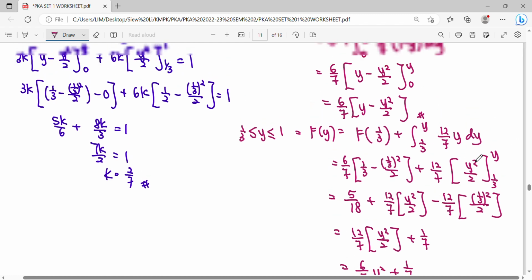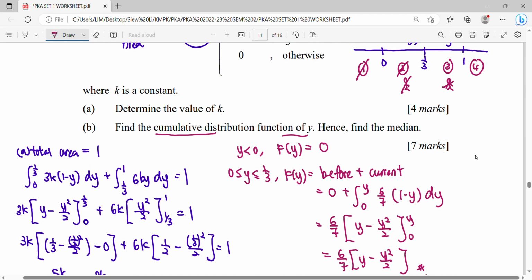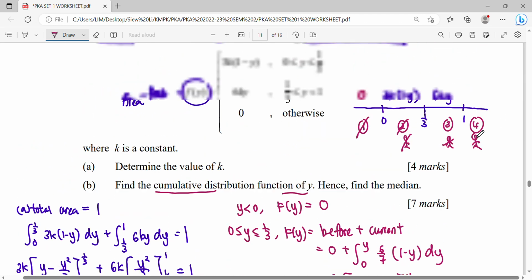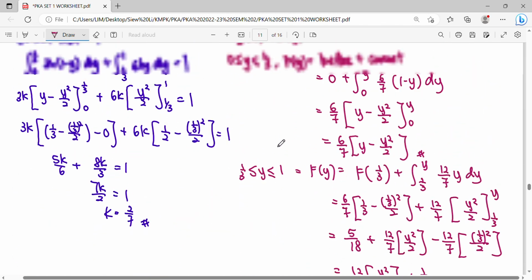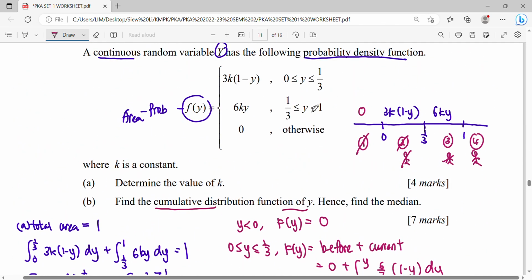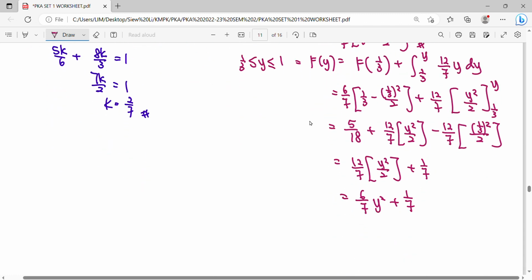So lastly, we move to the last interval here, which is greater than or equal to 1. So we follow the inequalities here. When we don't have equal, then we don't take it. So for the next interval, greater than or equal to 1, you already accumulate up to 1.